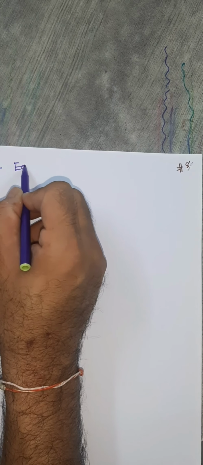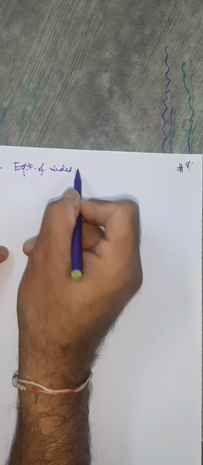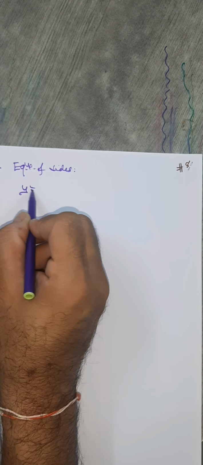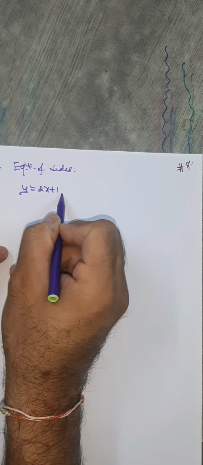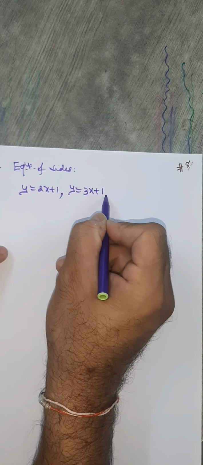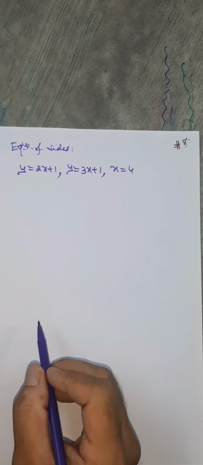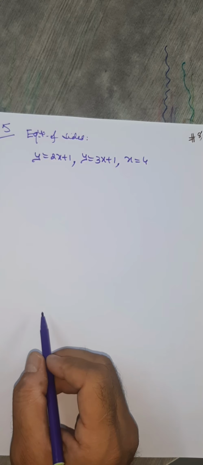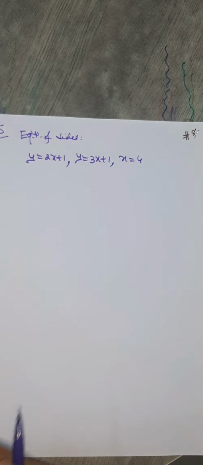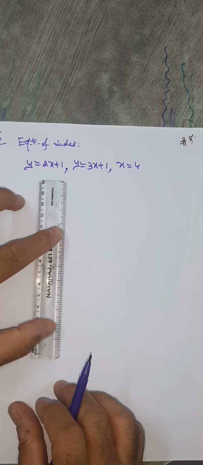So equations of sides are this: y equals to 2x plus 1. If you just compare with the previous one, there you had obtained this equation. Here ready equations you are given. So that much is comparatively easy task.